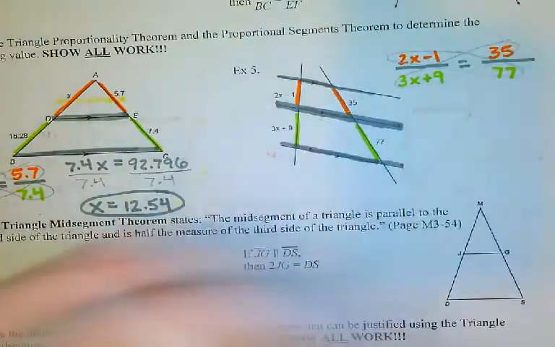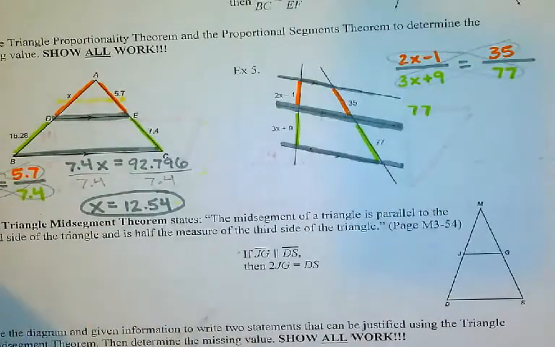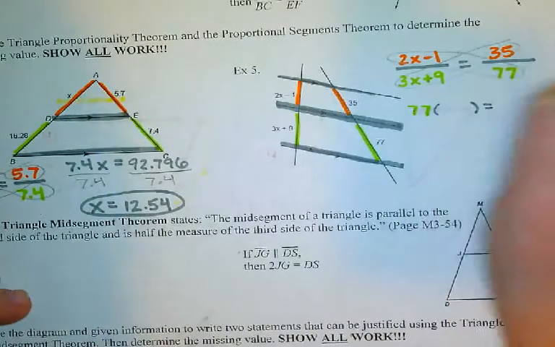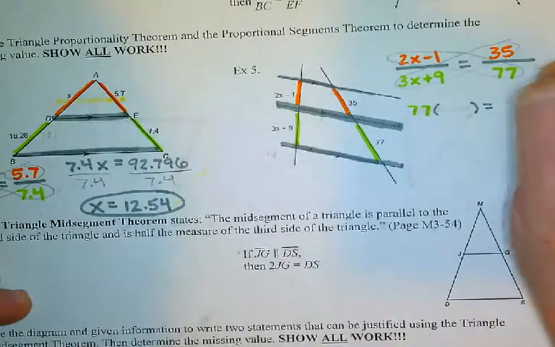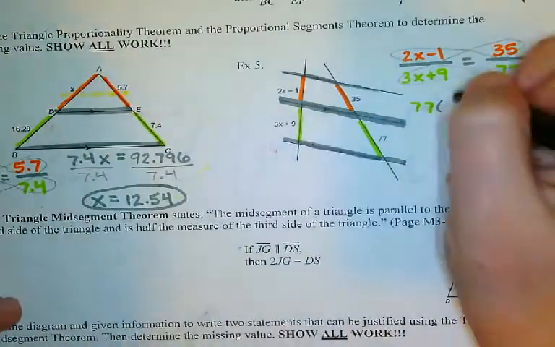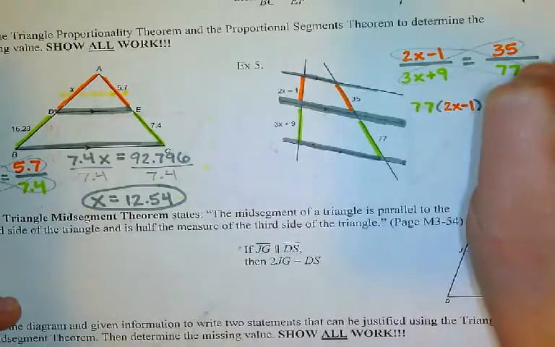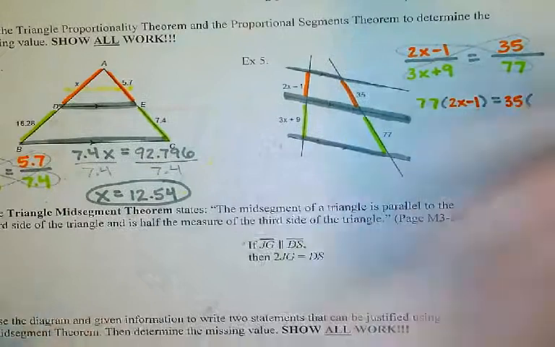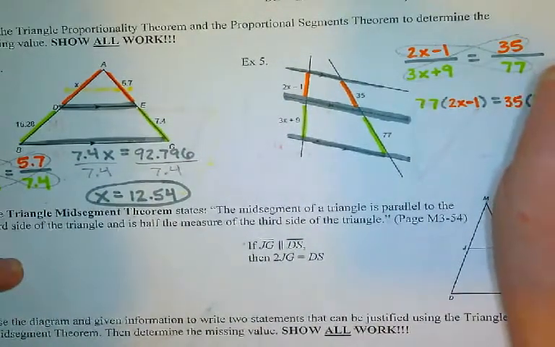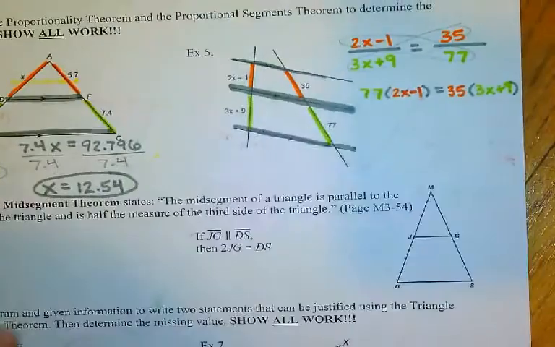So we have 77 times 2x minus 1, and then on the other side we have 35 times 3x plus 9. Alright, look what we've got to do here.